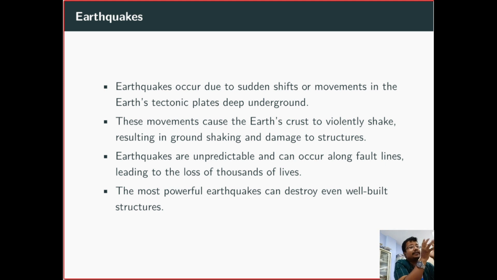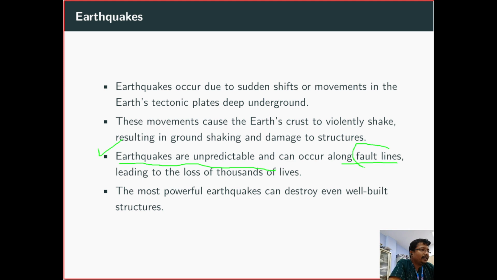Due to this, there is a violent shaking of the ground, which again goes to the structures as well, right? Now, we all know that we cannot predict an earthquake. You can predict a cyclone, but till now there is no such way that we can predict an earthquake, right? And they can occur along the fault lines.